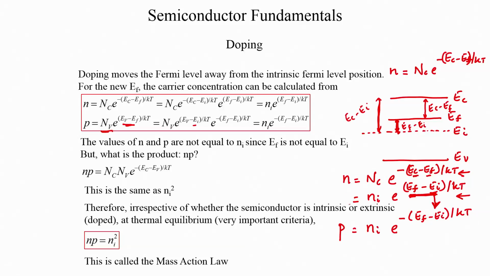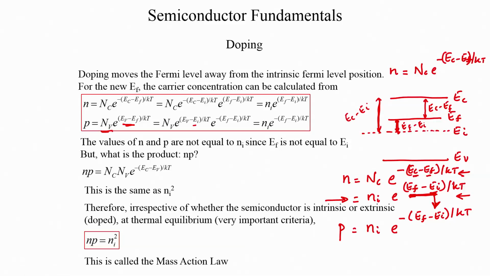So this expression for the electron count and this expression for the hole count look more or less similar, except that the exponential here has a positive sign and the exponential here has a negative sign. That's the major difference.